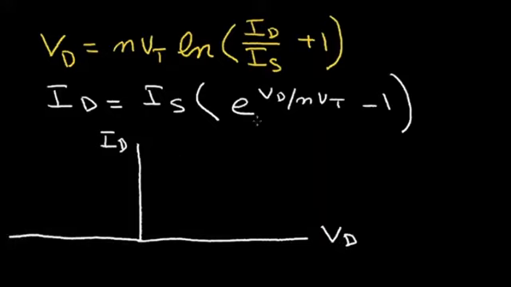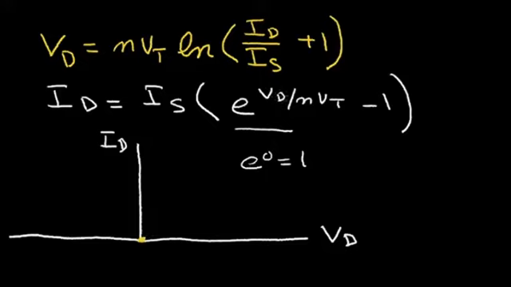So if we look at this E term here, if V sub D is equal to 0, E raised to the 0 power is equal to 1. And if we have 1 minus 1, we get 0 times I sub S, which is 0. So let's change colors here. At this point, the current is equal to 0.